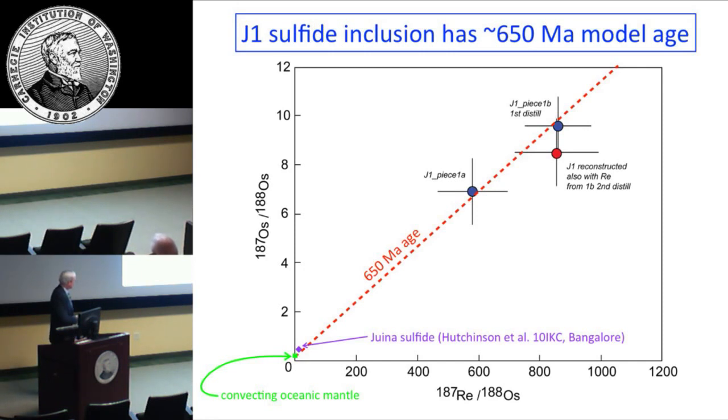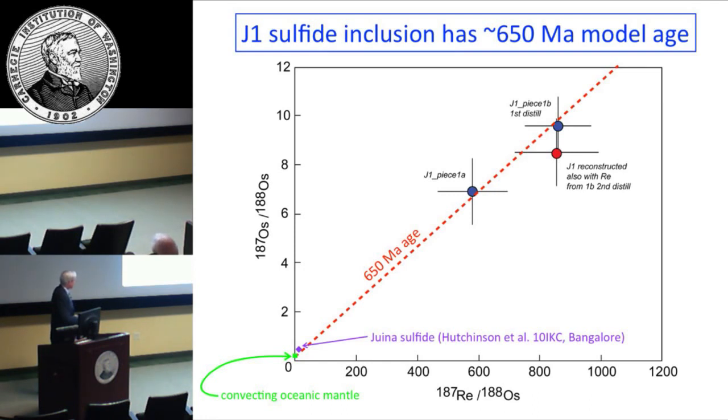and this point here turns out to be a data point that came from an abstract, a talk given at the 10th International Kimberlite Conference in Bangalore, India, by Mark Hutchinson. He had one Juvenile sulfide that he'd analyzed with Graham Pearson's old lab at Durham, Jeff Knoll and Chris Dale. And that, on this scale, is almost where the mantle is.